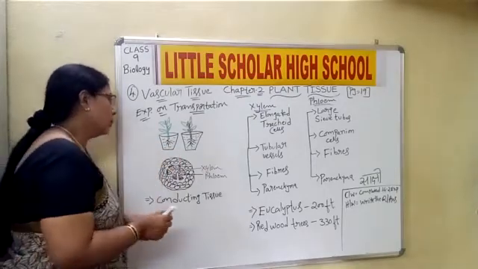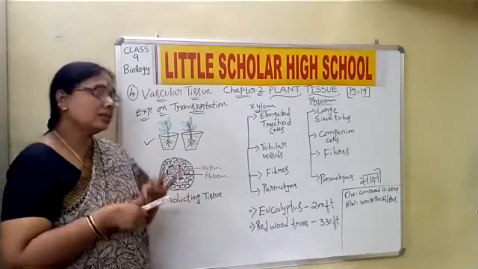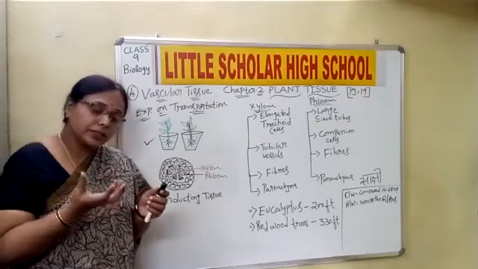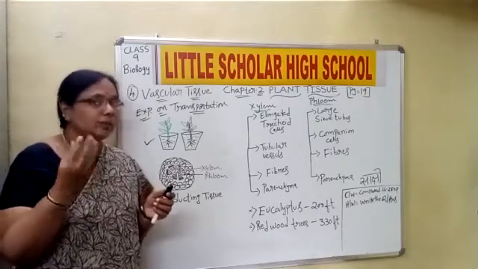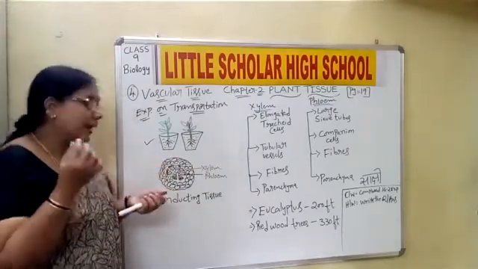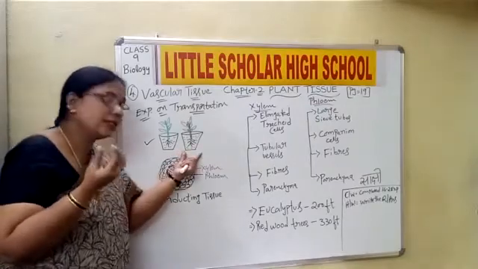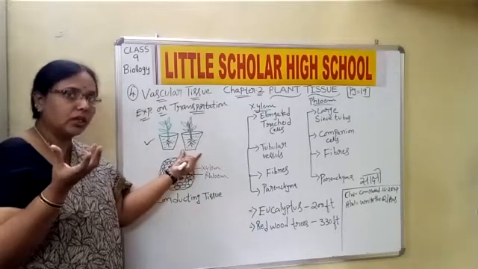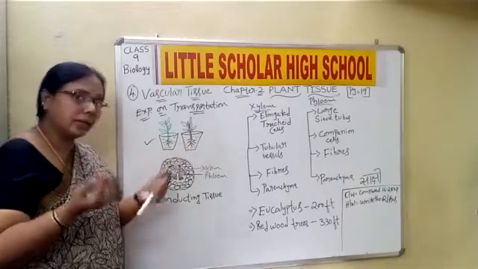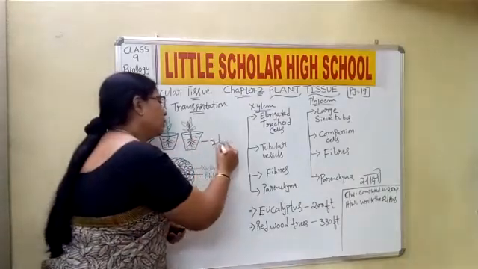Now, children, to prove that some tissues are present which conduct water, we are conducting a small experiment wherein we take a small plant with roots and put it in colored water. Red colored water. We have kept this small plant in it, and we have left this setup for 2 hours.